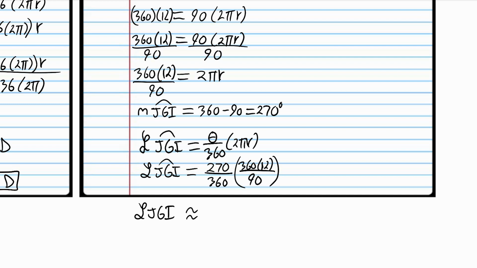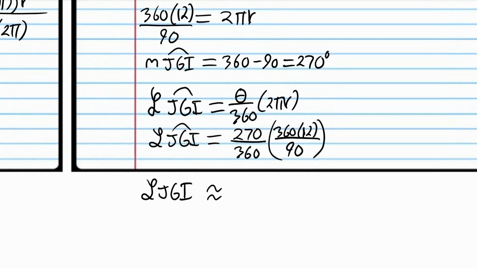So we get 270 divided by 360 times 360 times 12 divided by 90. There's a lot of different ways that you could do that.